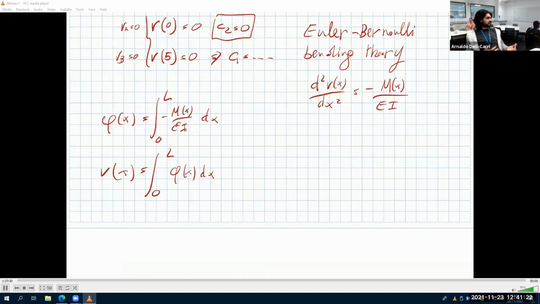The first derivative is the slope and the second derivative is related to the bending moment, so the first integral is the slope and the second integration over that is the deflection. All right, this is the state of the things we've done. Here you'll find C1, and here we'll find C1 and C2. Okay, find both of them.